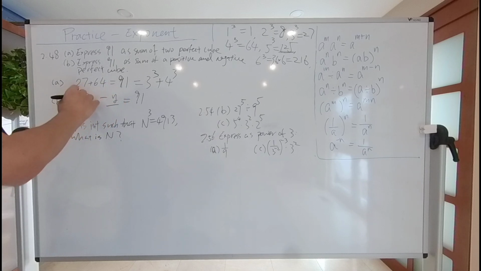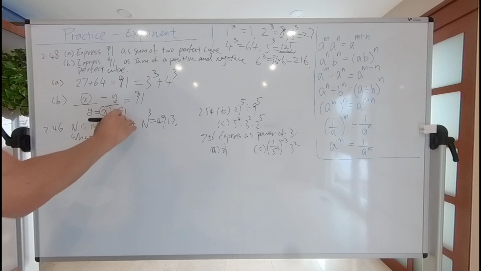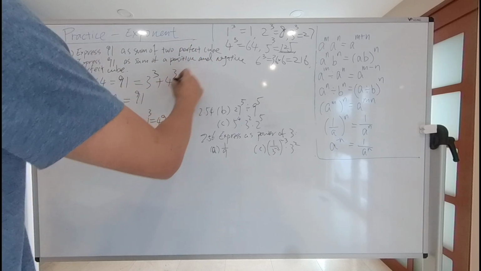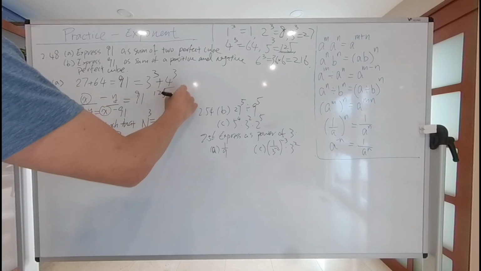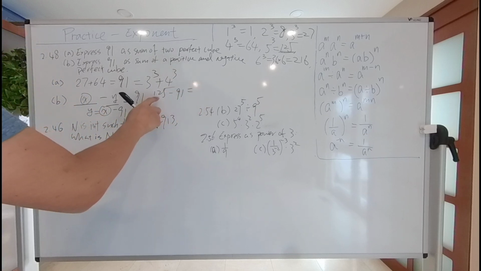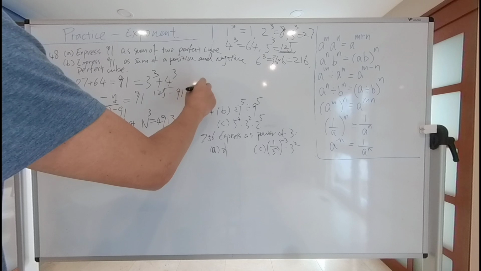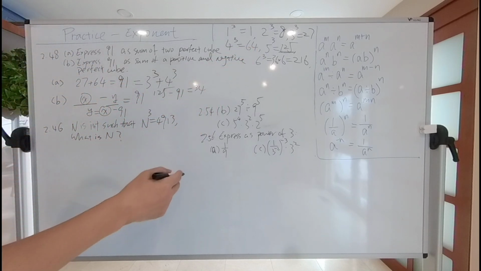So if I know the first number, the second number is equivalent to the first number minus 91. For example, if I choose the first number to be 125, then if I want the difference to be 91, the other number must be the difference between 125 and 91. That is 34, and 34 is clearly not a perfect cube of any number.